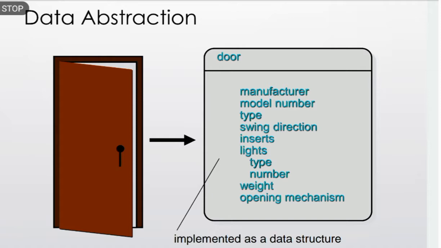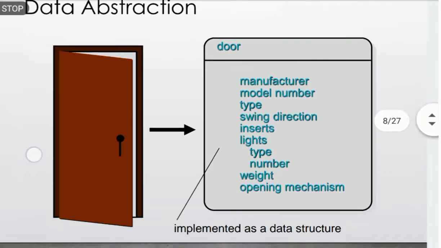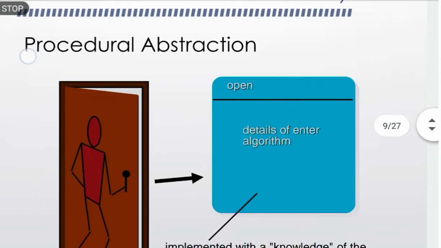Like any data object, the data abstraction for the door would encompass a set of attributes that describe the door, for example door type, swing direction, opening mechanism, weight, and dimension. So the procedural abstraction open would make use of information contained in the attributes of the data abstraction door.